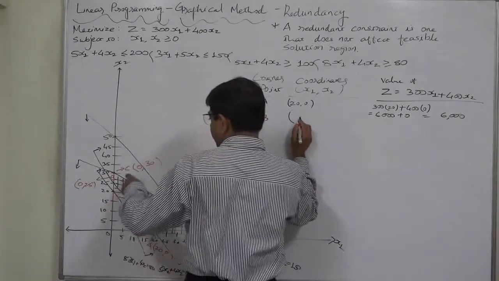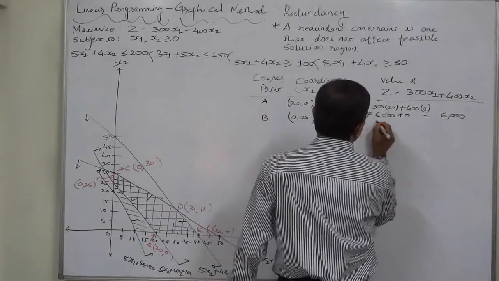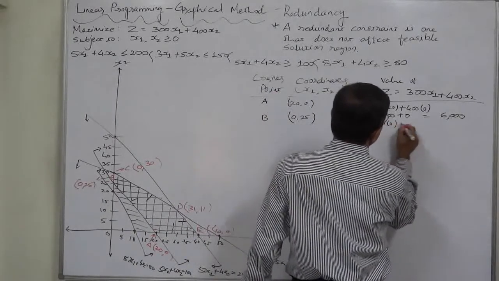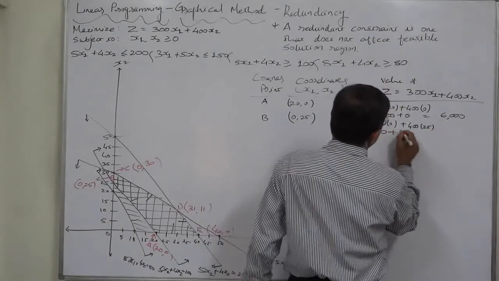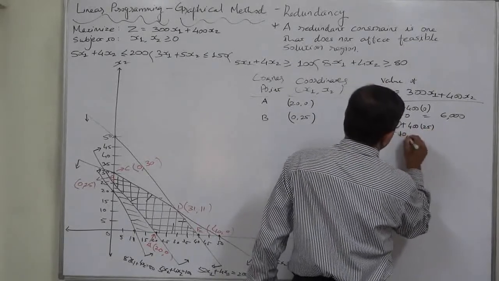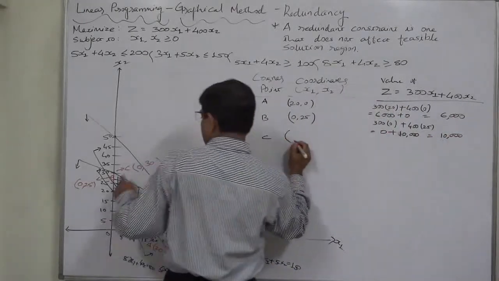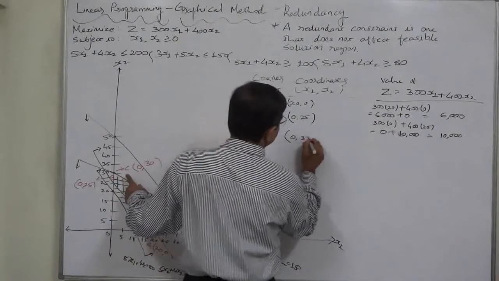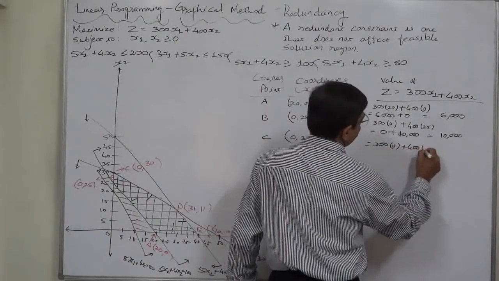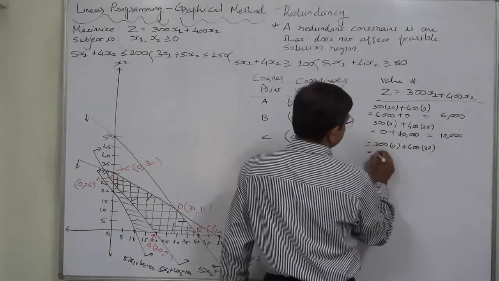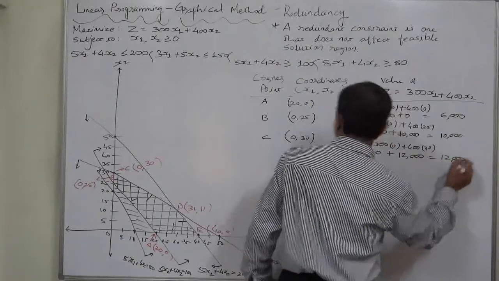Point B, 0 and 25, 300 into 0, 400 into 25, that means 0 plus 10,000 equals to 10,000. Point C, 0 and 30, that means 300 into 0 plus 400 into 30, so it is 0 plus 12,000, it's 12,000.